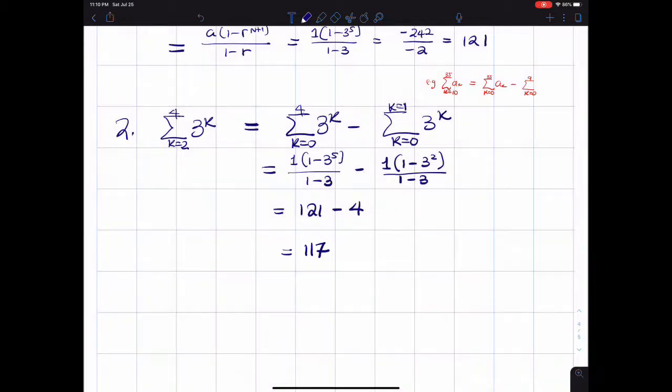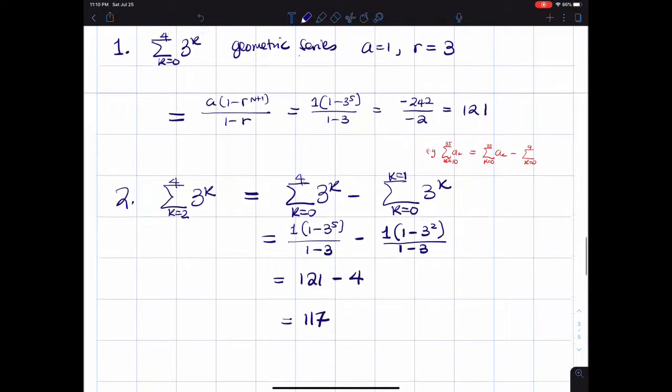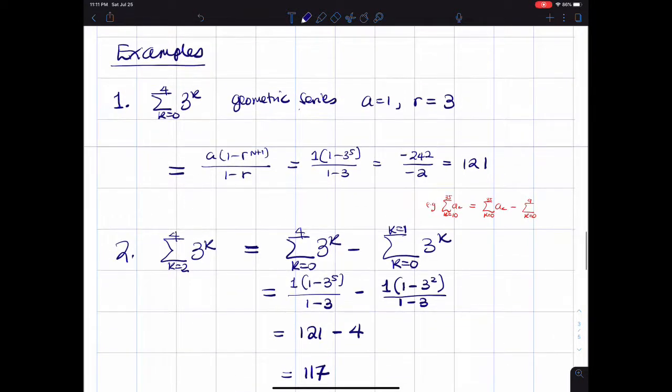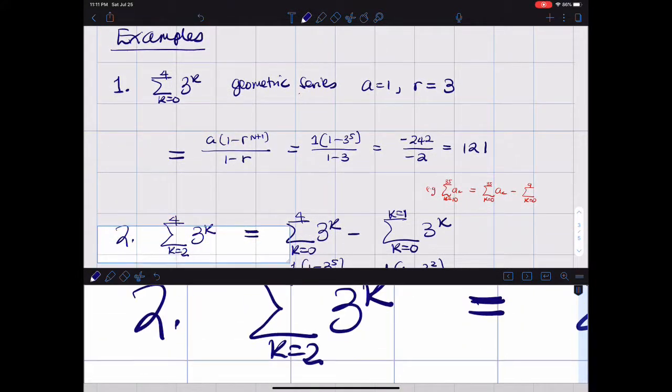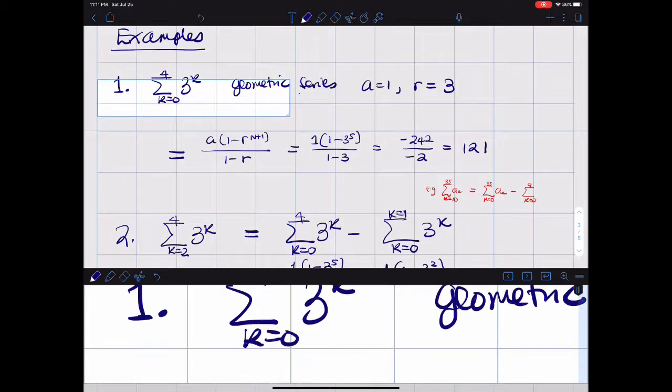Now, there is a common mistake that students make. The common mistake is not properly distinguishing between a partial sum and an infinite series. These are partial sums. It starts from k equals 2 and ends at 4. It starts at 0 and ends at 4, and so forth.